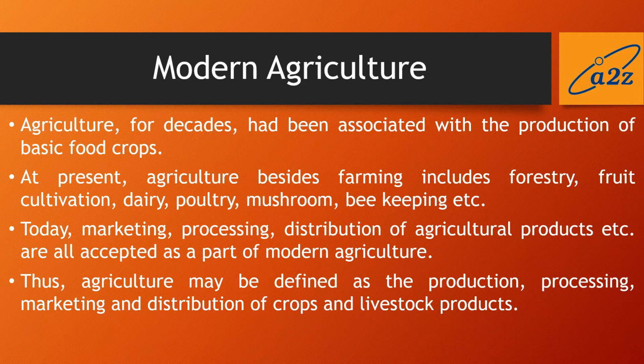Today, marketing, processing, distribution of agricultural products, etc. are all accepted as a part of modern agriculture. Thus, agriculture may be defined as the production, processing, marketing, and distribution of crops and livestock products, that is modern agriculture.